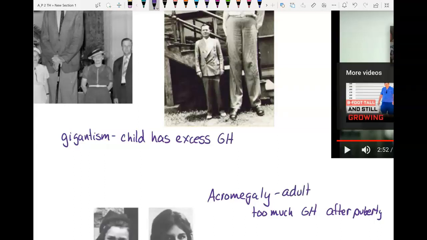Think about what you learned in Chapter 7 in the bones. Kids have epiphyseal plates, adults have epiphyseal lines. So Robert grew so tall because this happened as a child when he had an epiphyseal plate, so he was able to grow taller.